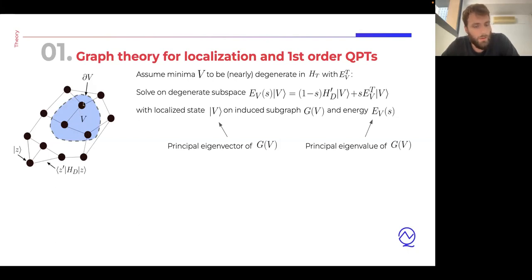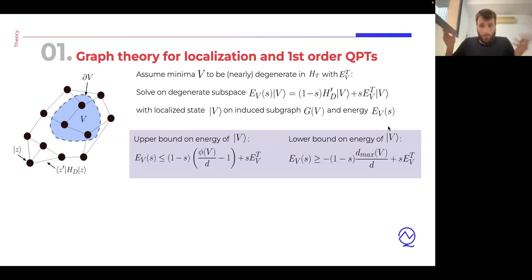So the edges that go outside are not considered. And we want to find the energy, which will be the principal eigenvalue of this induced subgraph. From this eigenvalue problem we can now derive bounds on this energy eigenvalue. And there are going to be two bounds, namely an upper and a lower bound.